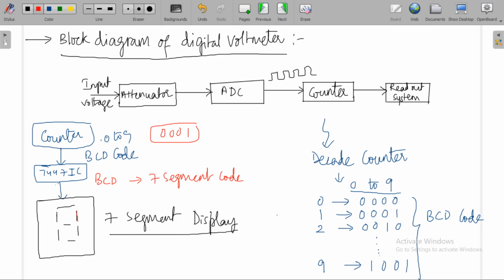Okay, so this code will make this LED glow as well as this LED to display 1. So it displays 1 like this. Remaining LEDs will be turned off. This 7 segment code will turn on these two LEDs, so it displays 1 like this.